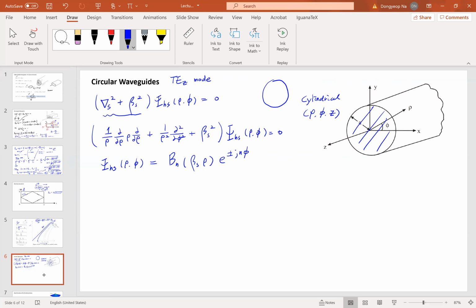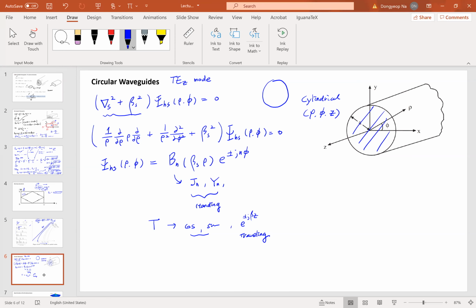Bn actually includes the Bessel function of the first kind and the Bessel function of the second kind. This is a kind of standing wave form. Likewise, the trigonometric function, cosine and sine, is a standing wave form, but there is a traveling waveform by using the exponential function.